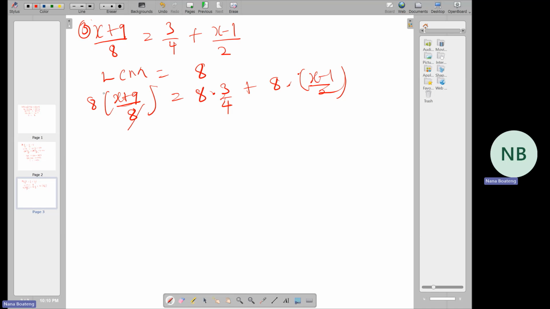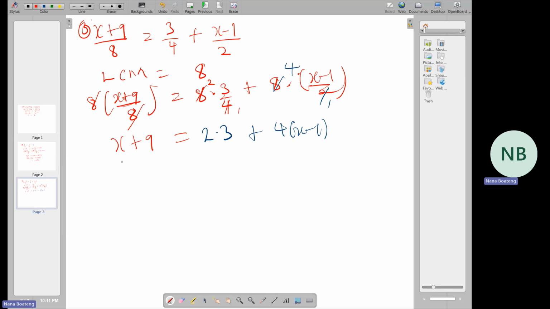So 8 divides 8 one time, so we have x plus 9 is equal to 4 divides 4 once, it divides 8 two times, so 2 times 3, plus 2 divides 2 one time, it divides 8 four times, plus 4 times (x minus 1).